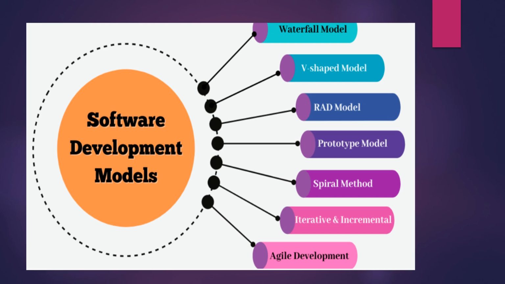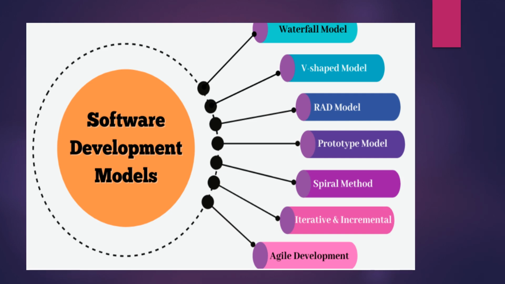These are all models used in different kinds of situations. Then we have the spiral model. It is one of the most crucial SDLC models that provides support for risk handling. Then we have the iterative and incremental model. This is something like a semi-developed but deployed version.